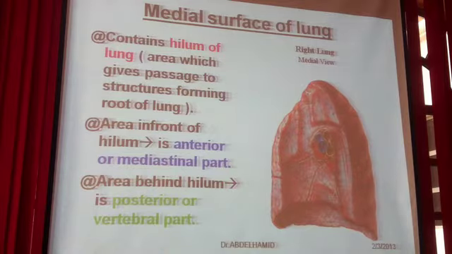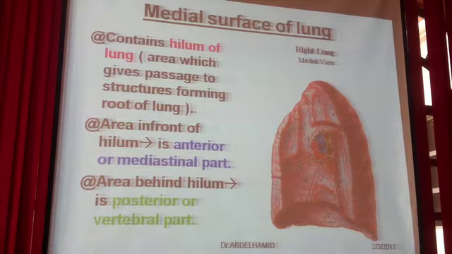Without it, there is no way for this lung to go on. It is named the hilum of the lung. Each organ contains this port. The liver has an area for entry and exit of structures serving this organ, named porta hepatis. For the spleen, hilum of the spleen. For the kidney, hilum of the kidney, and so on.